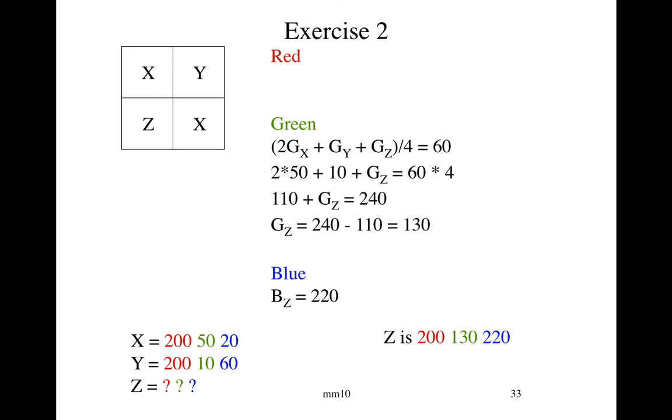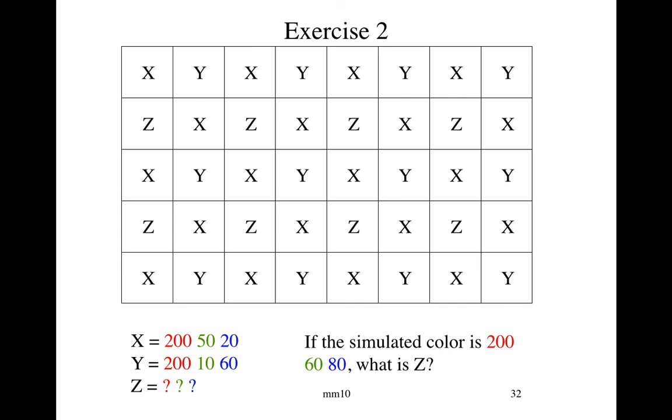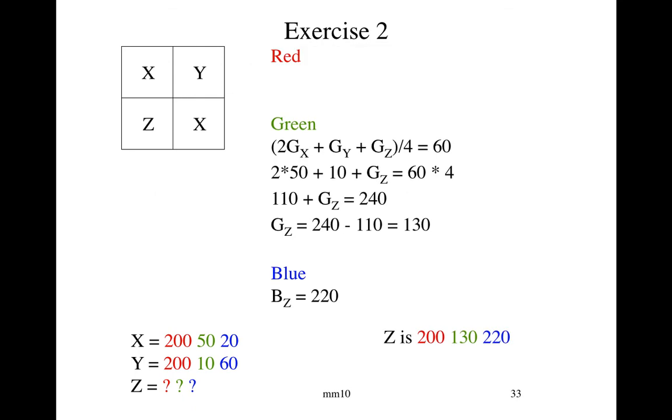So we've got 2 x's. If we look at the green, we've got 2 gx plus gy plus gz over 4 is going to be equal to the desired colour, which was 60. So that's going to be 50 plus 50 plus 10.